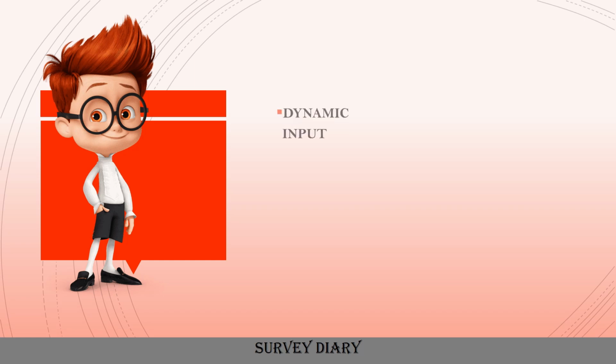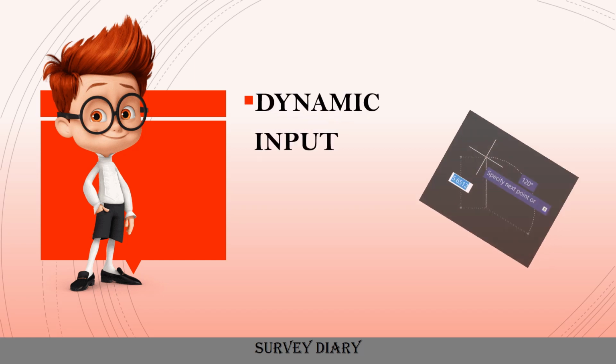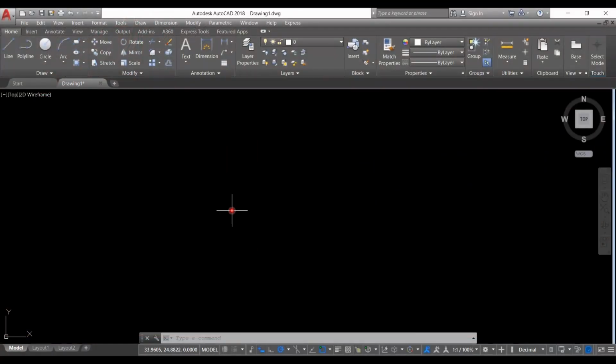Let's talk about how to enable or disable the dynamic input that is seen at the crosshairs when drawing in AutoCAD. To show the dynamic input, I will take line command. Here you can see the dynamic input.